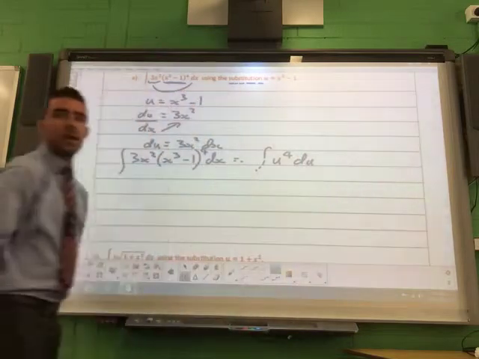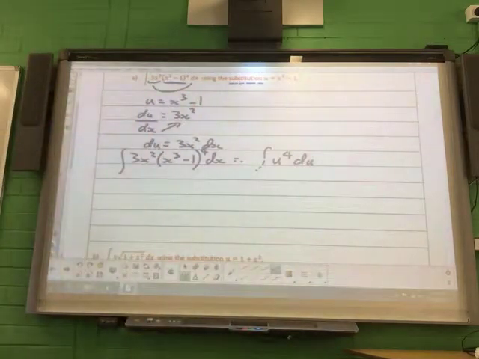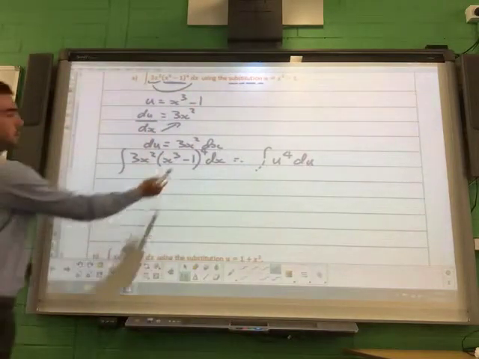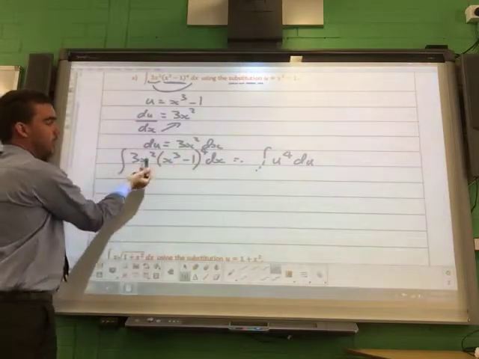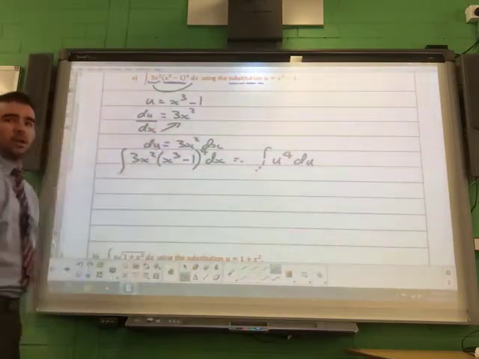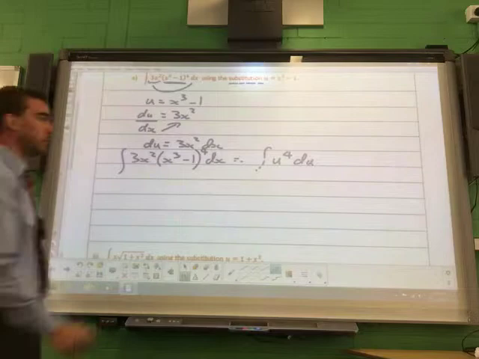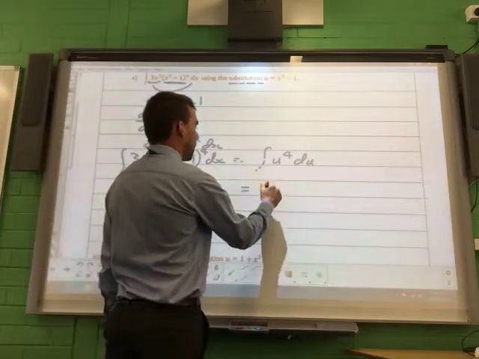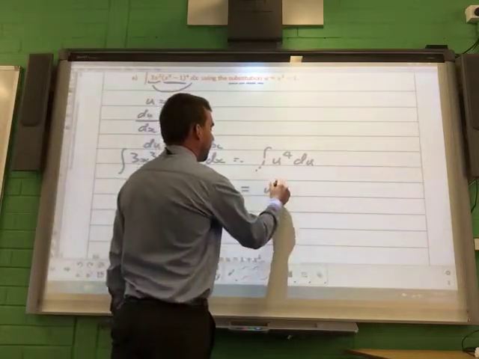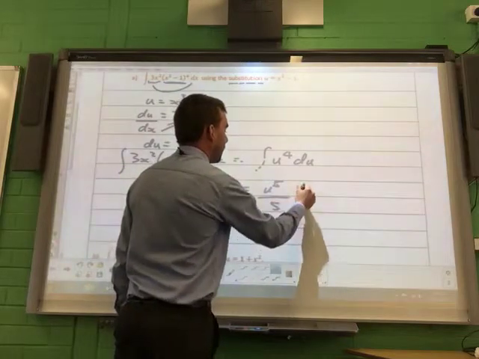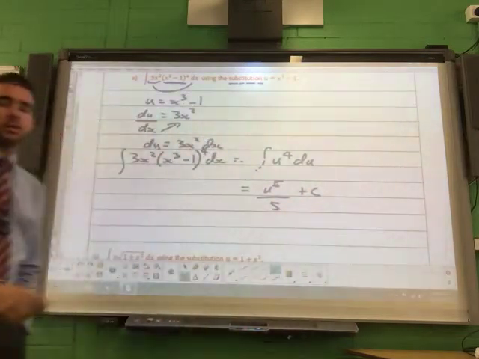Everything now is in terms of u. So this is u to the power of 4, and 3x squared dx is du. Then I can integrate with respect to u, and that's much more straightforward for me to integrate, considering your previous skills. So, u to the power of 5 over 5 plus our constant of integration.